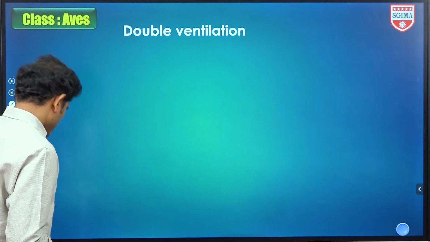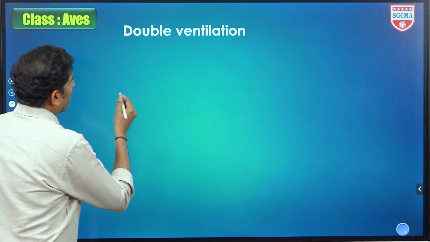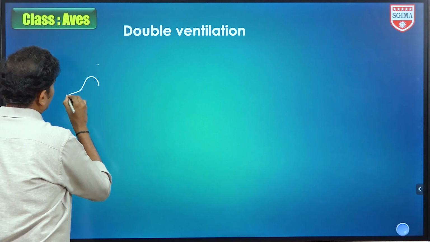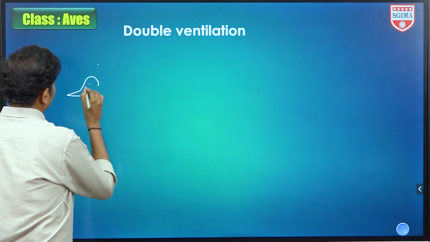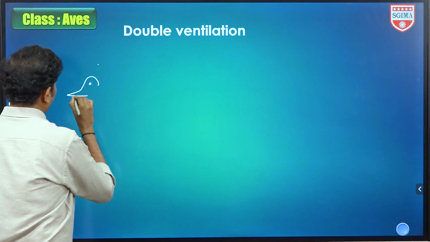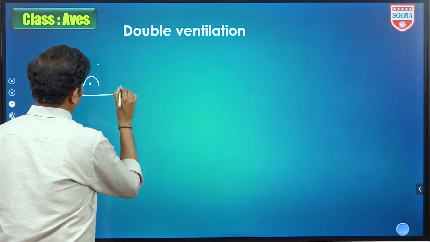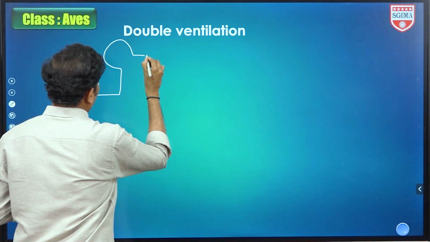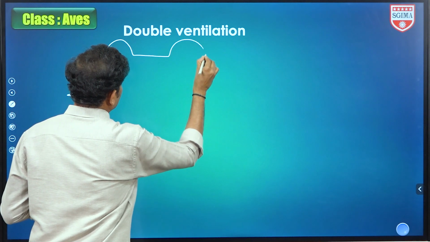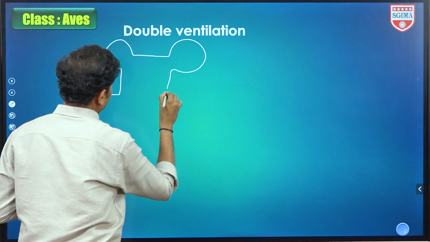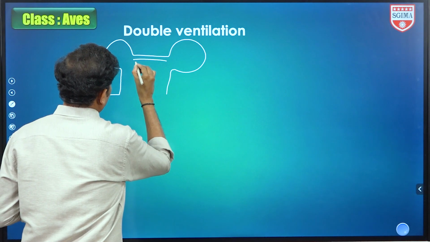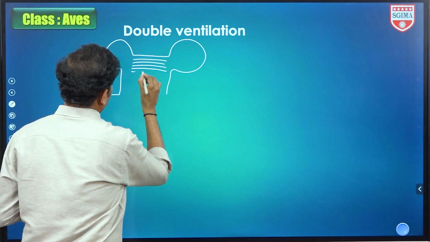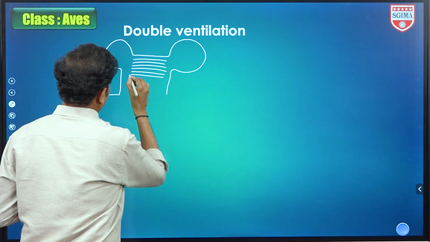So here, double ventilation में rough diagram I can draw here. This is a bird, इसका beak है, eyes. These are the air sacs. So here, these are called parabronchi बोलते हैं.